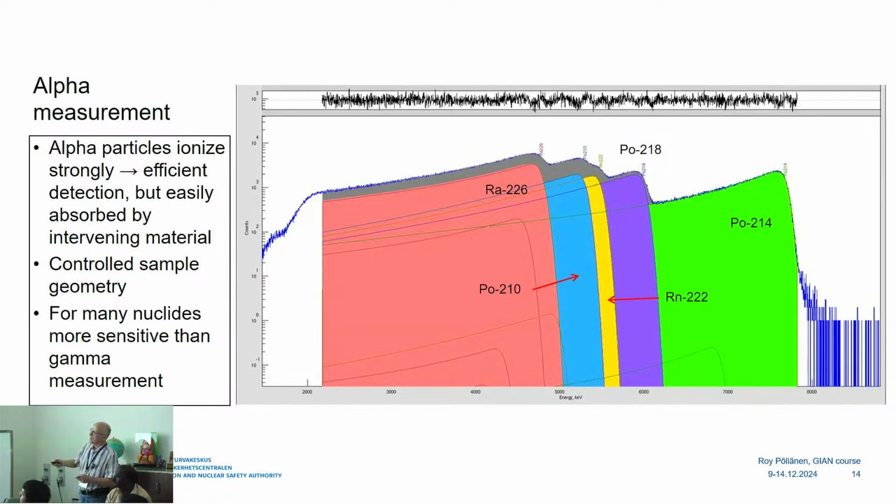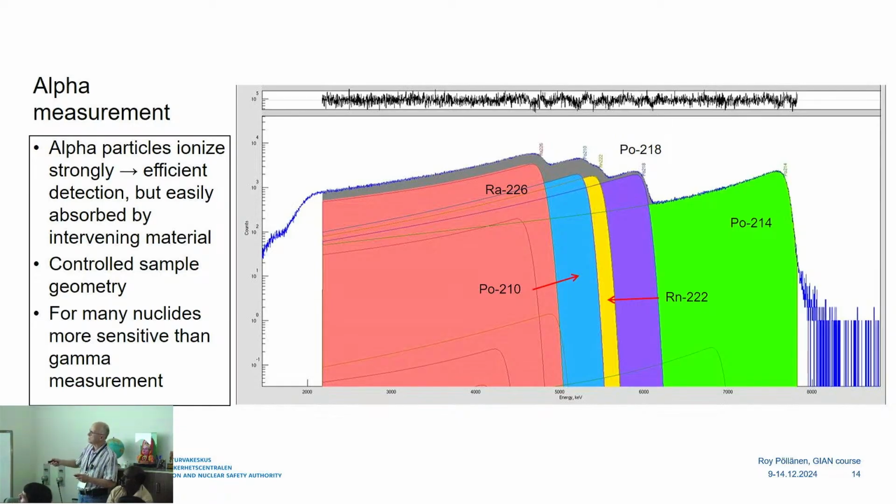As you know, alpha particles ionize strongly, so it is possible to detect them efficiently, but they are easily absorbed by intervening material. In this case, we have a controlled sample geometry. And alpha spectrometry is, in fact, in many cases, for some of the nuclides, much more sensitive than gamma spectrometry.